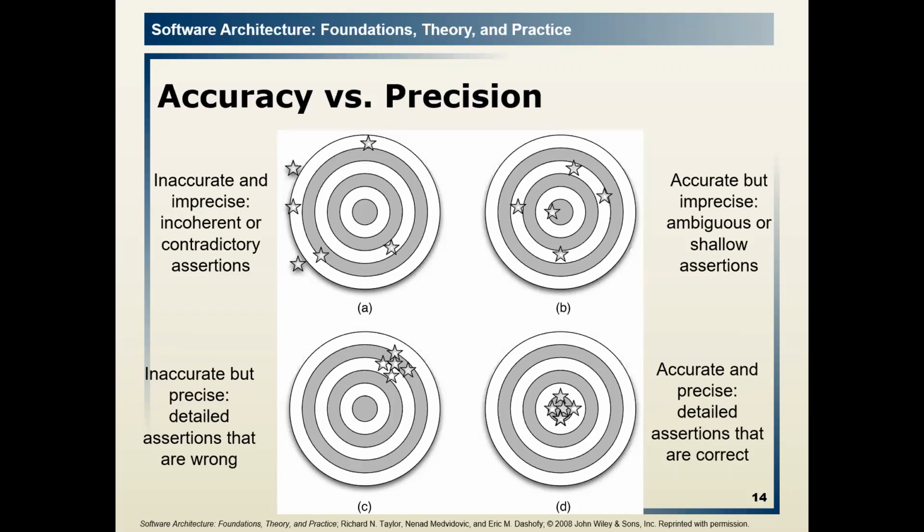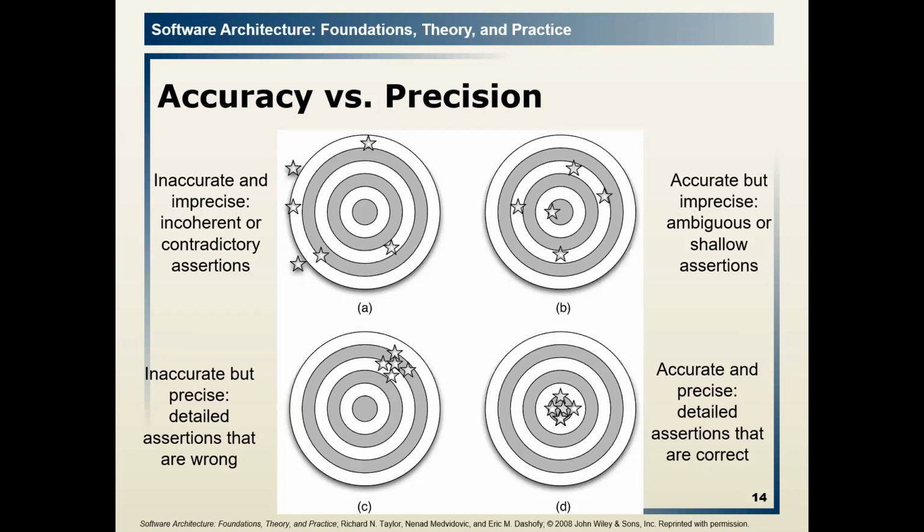Okay, so this figure summarizes the concepts of accuracy versus precision, right? So if you go through them one by one again, if you use incoherent assertions, incoherent means you don't understand, right? The designers or the implementers will not understand your diagrams.